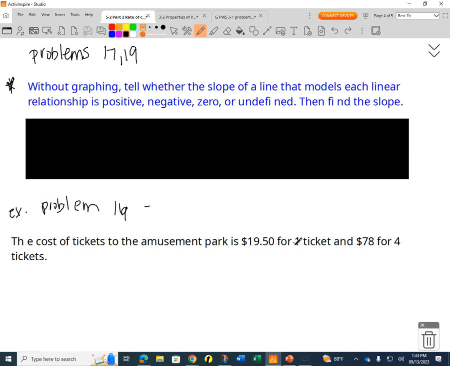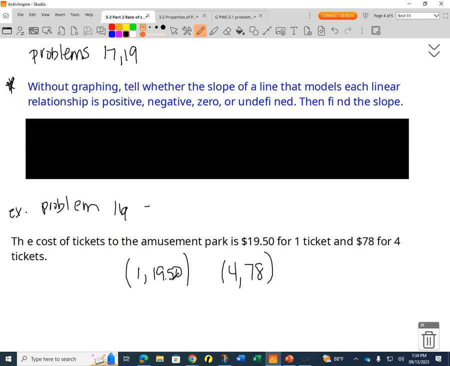Well, every time we buy more tickets, the price increases, right? For one ticket, it's going to be $19.50. Does that make sense? We can refer to that as an ordered pair. When we buy one ticket, we pay $19.50. When we buy 4 tickets, we pay $78.